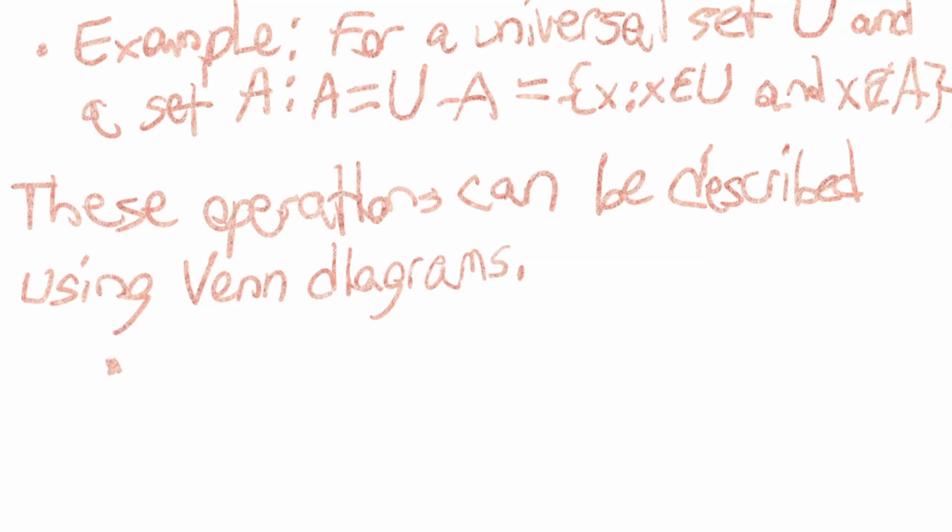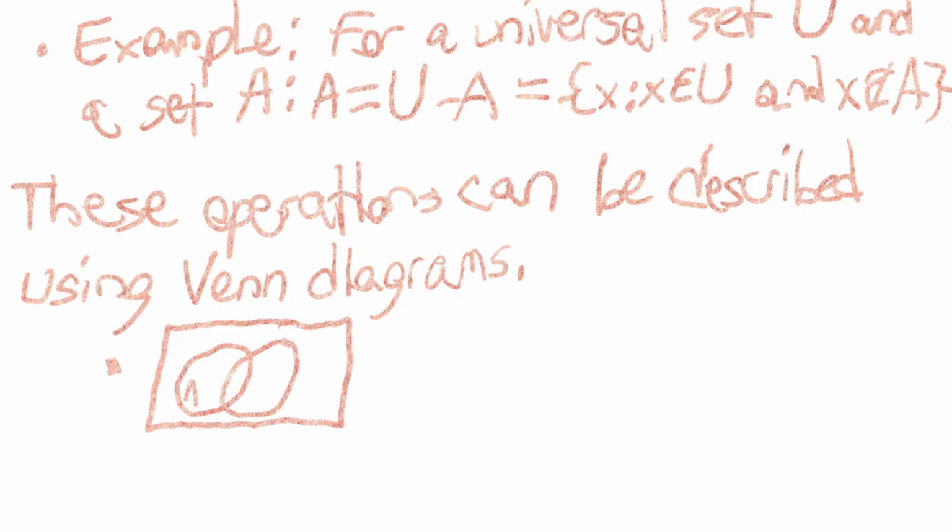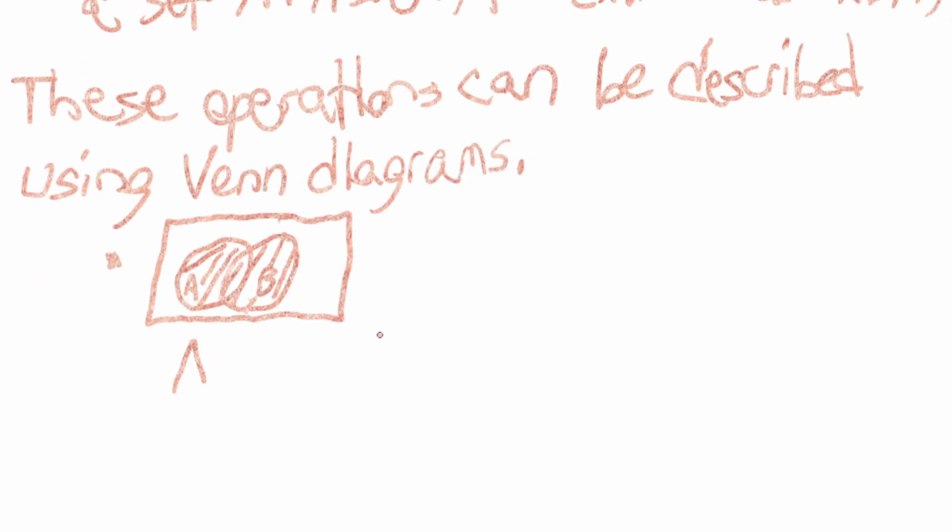So, for example, say that this entire rectangle or square represents the universal set, and we have these two Venn diagrams that represent sets A and B. If we shade in, which represents the set that we are looking at, both sets A and B, we have A union B. Here's a Venn diagram representing A union B.